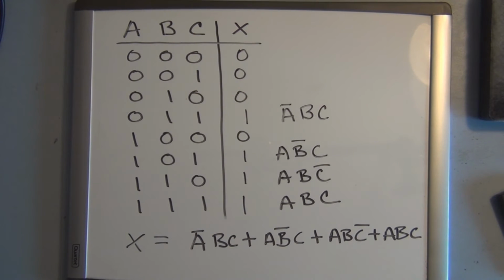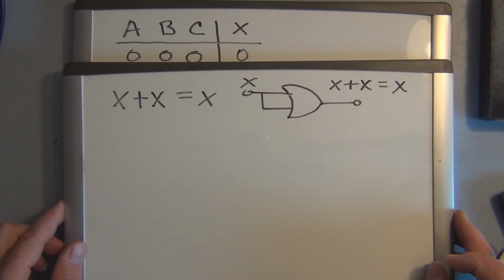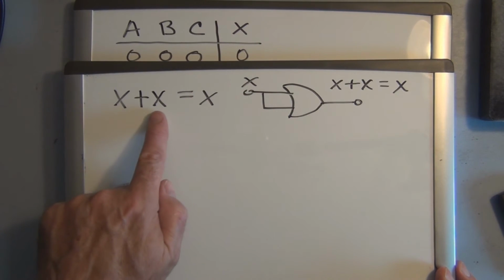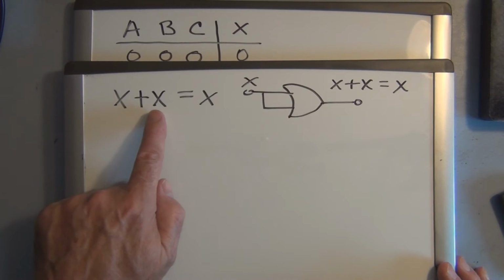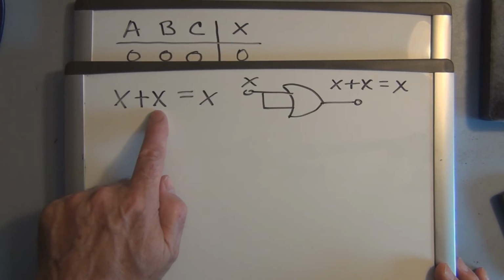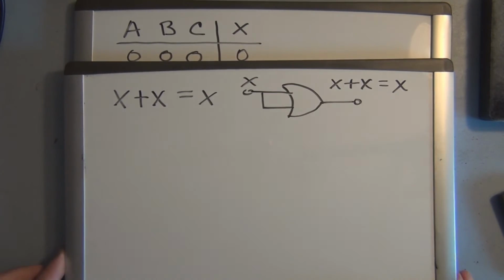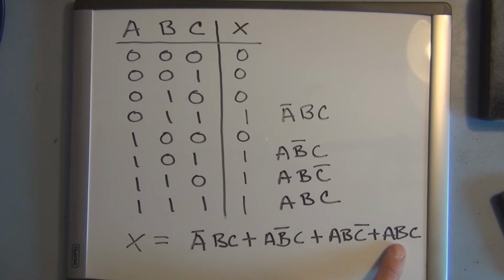The Boolean theorem we're going to use to help us simplify this expression states that if you OR X with X, it'll equal X. So in Boolean algebra, you can add another term that's identical and OR them together, and it's the same as X. In this particular case, this term here, ABC, has 2 variables in common with each of these other terms.